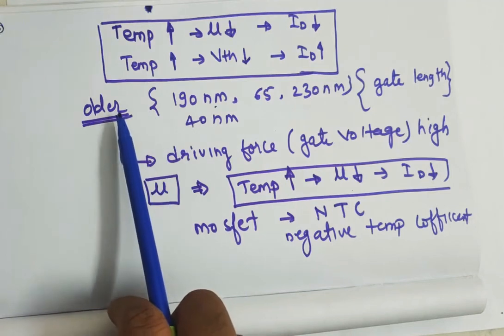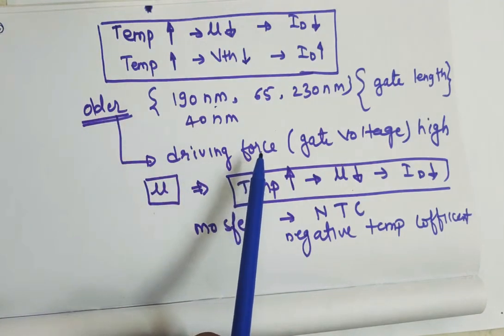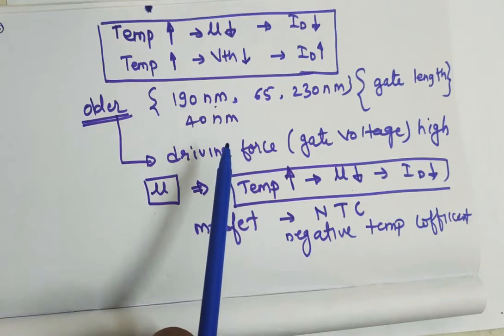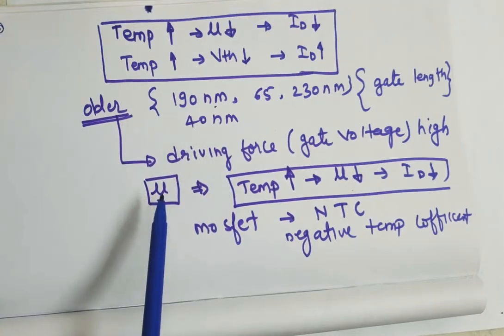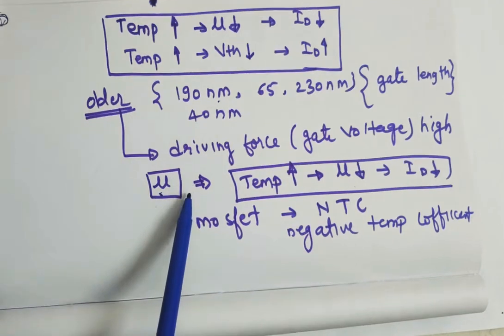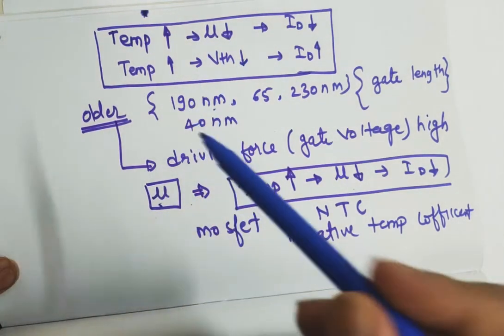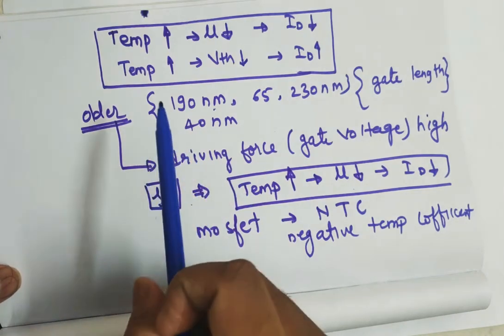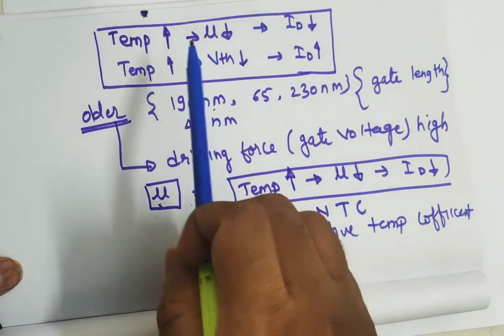So what will happen in the older technology node? The driving force, or the VGS, or the gate voltage used to be pretty high. In that case our mobility term, or the effect of changing the mobility, is more compared to the effect of changing the VTH. So if we are increasing the temperature, which effect will dominate?